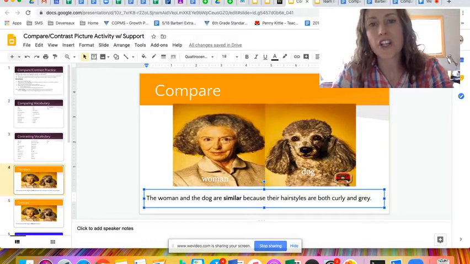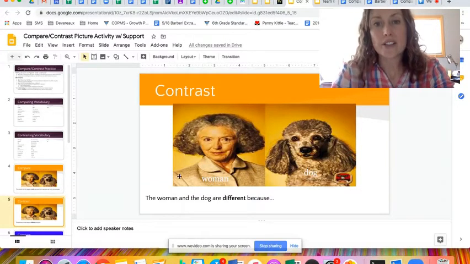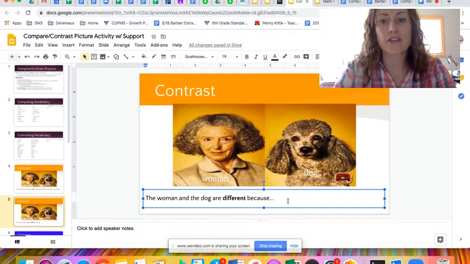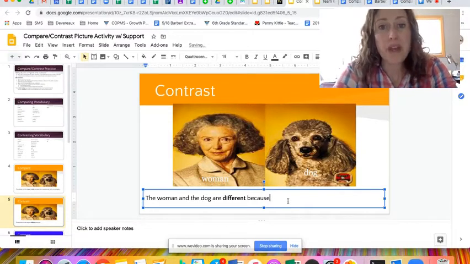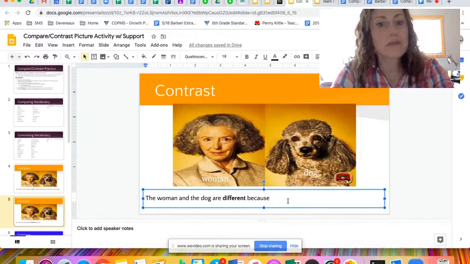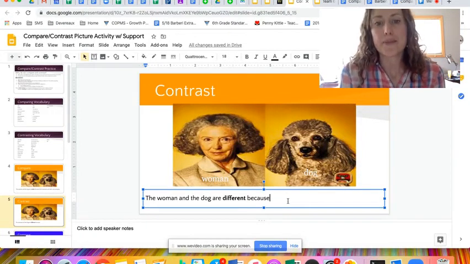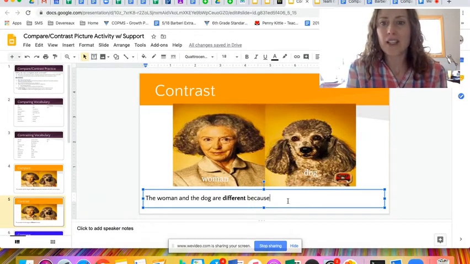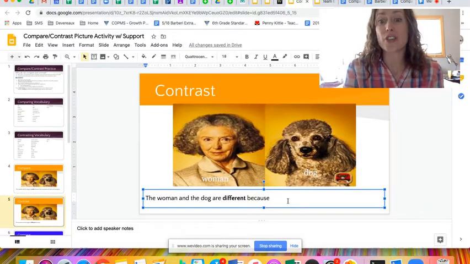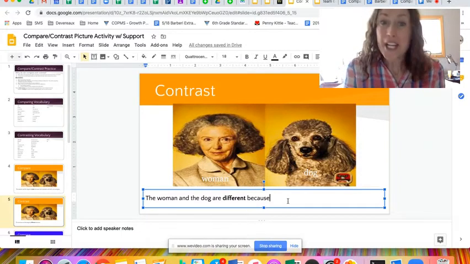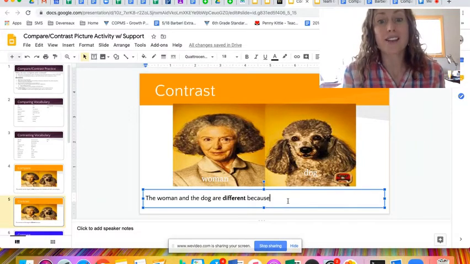Let's look at the next one, contrasting. We are now going to contrast or notice the difference between the woman and the dog. So now the woman and the dog are different because, again, you can be really, really basic here and obvious. The woman is a human being and the dog is a dog. So they're different species. That could be one thing that we list. The woman is smiling whereas the dog is looking forward. We could talk about the dog having bigger ears than the woman. The woman has a jacket on and the dog is not wearing clothing.